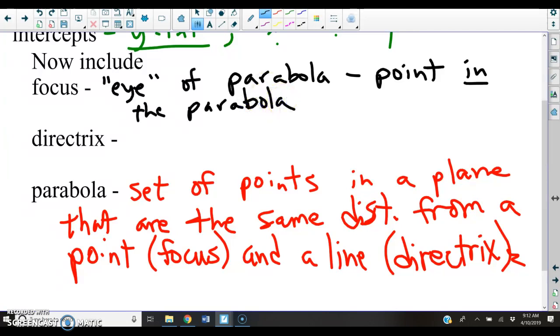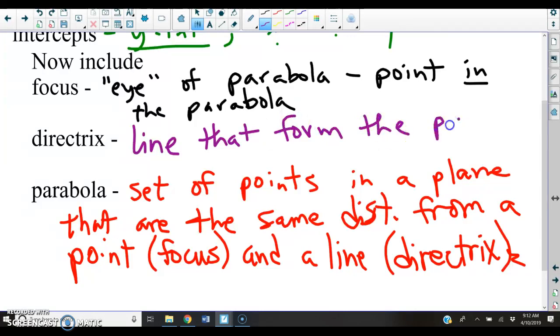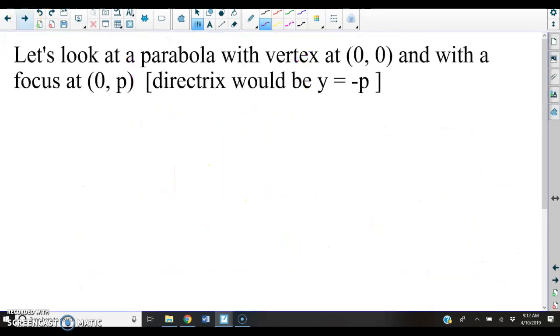Okay, I'm not going to write that all down because we have that with parabola. And then the directrix, that's the line that helps form the parabola. All right, so I'll give you a moment to write that, although you guys can pause.